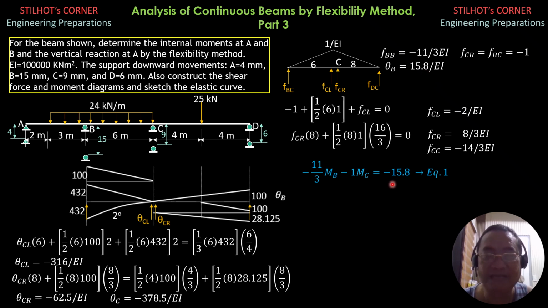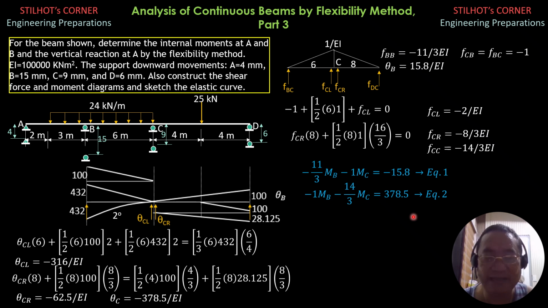Likewise, for the second equation, FBC, negative 1 times MB plus FCC, which is negative 14 over 3 MC, plus theta C equals 0, or equals negative theta C. Since theta C is negative 378.5, it becomes 378.5 when transposed to the right side.